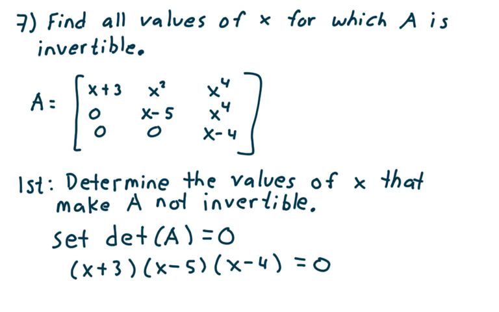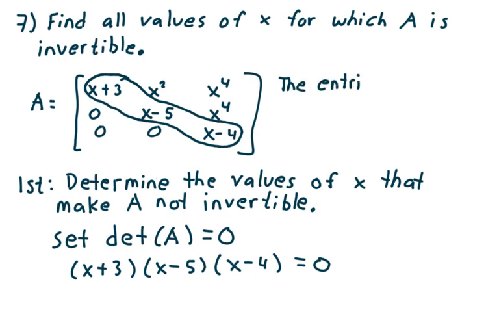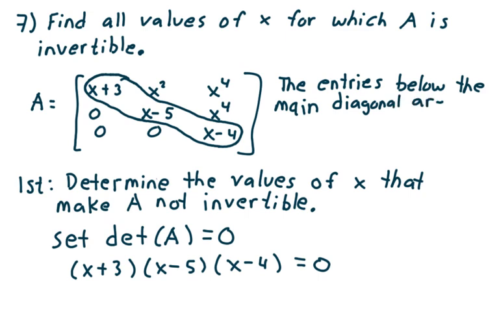So I want you to notice something. Here's my main diagonal right here. Notice that the entries below the main diagonal are 0.